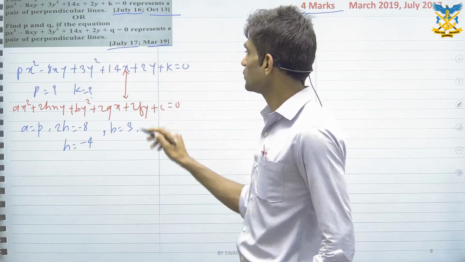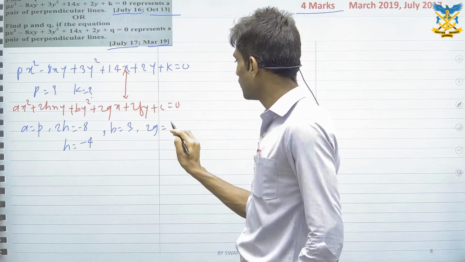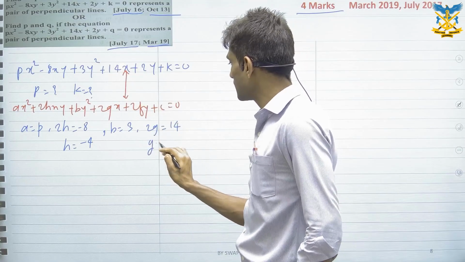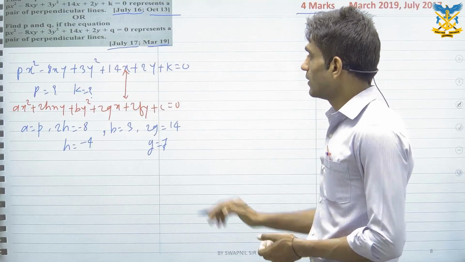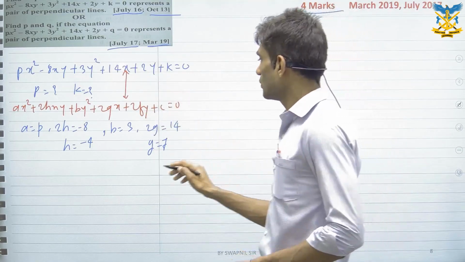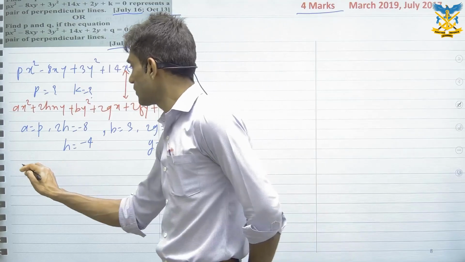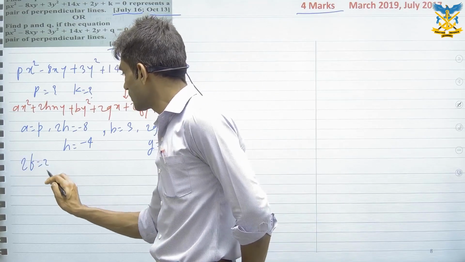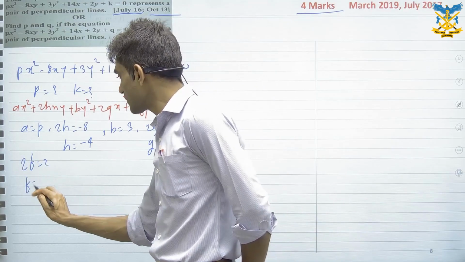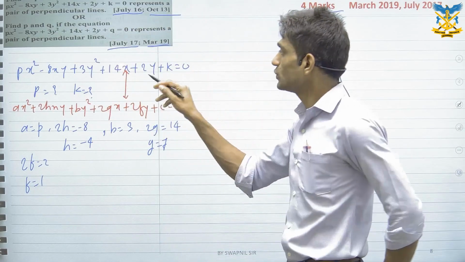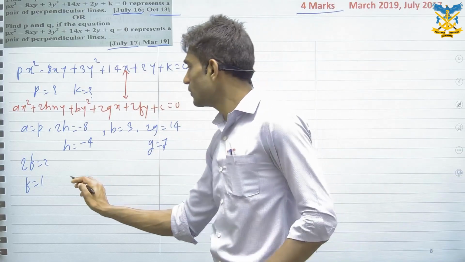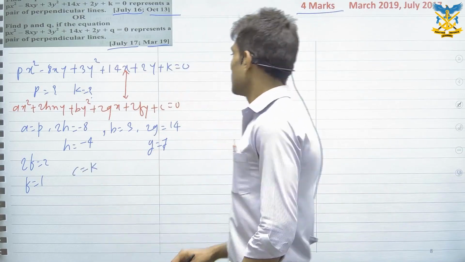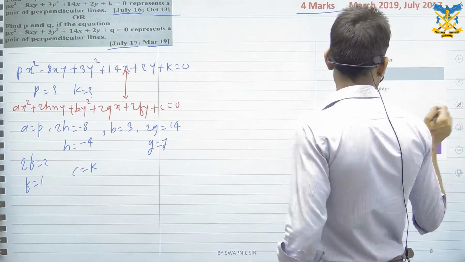Twice of gx is equal to 14x, so 2g is equal to 14 and g is 7. Twice of f is equal to 2, then f is equal to 1, then c is equal to k. Compare these values and you will get all the required values.